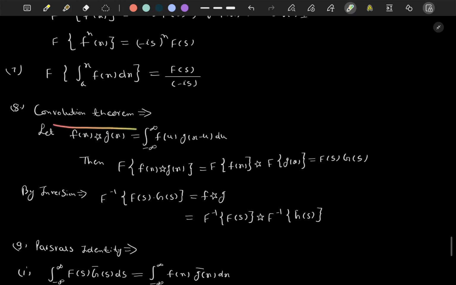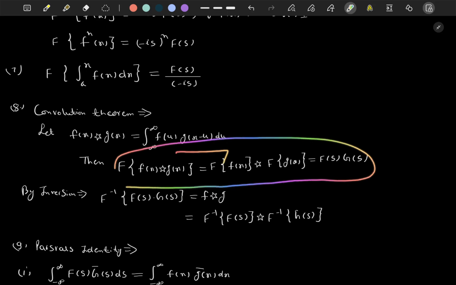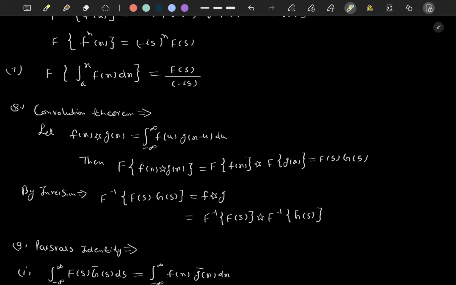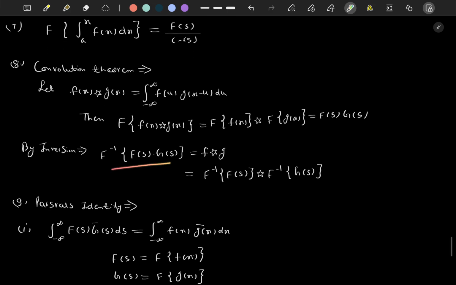Now correlation theorem: if your function is like this, the integral of f of u g of x minus u du, it will be vice versa true, inversion also true.